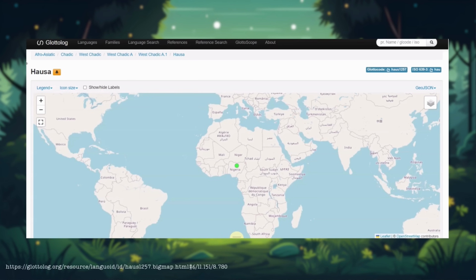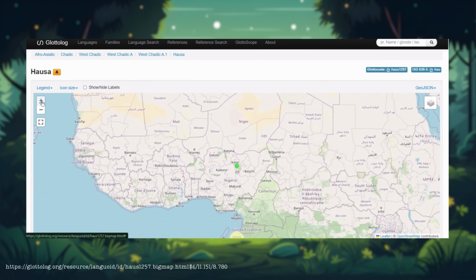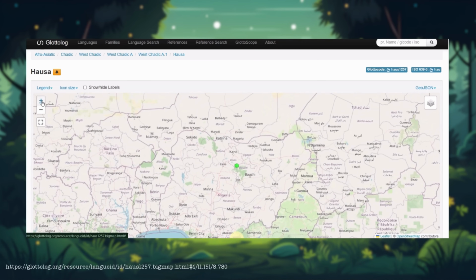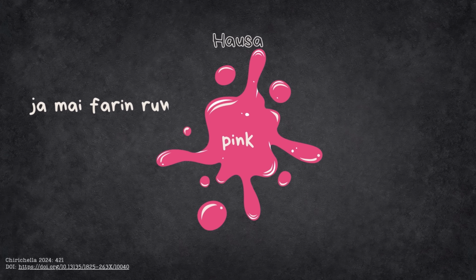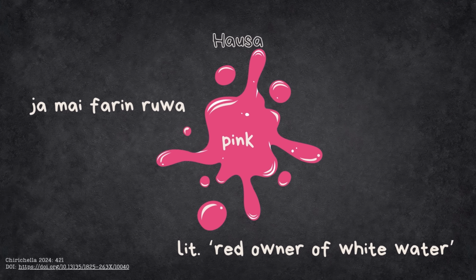So we mentioned Gorwaa. Now let's look at Hausa, because for shades of hue or degrees of brightness within a certain color category, they use a different strategy, which is analogy. And here I have no clue how to pronounce this, but let's say that is Yamai Farin Rua, which literally means red owner of white water.